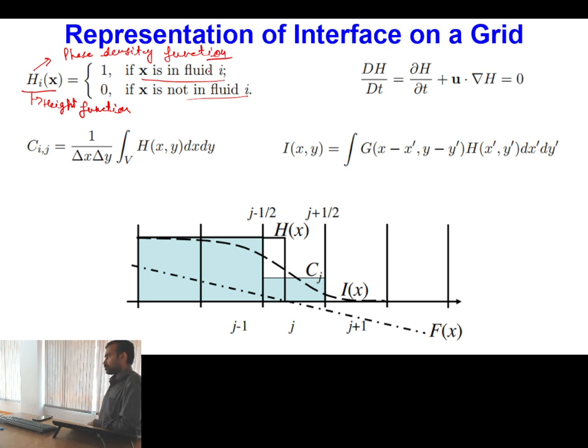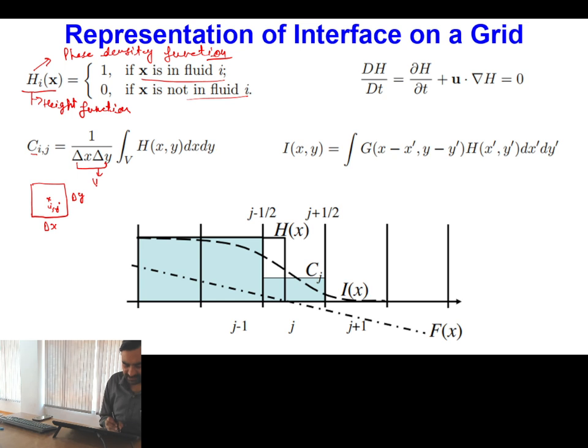Is this point clear? So if the phase density function or the corresponding height function is known to me, and if I consider a two-dimensional cell having sizes delta x and delta y in the x and y directions, and of course in the normal direction it will be unity. Okay, so if I define a parameter C_i,j, where i,j refers to the particular index of the control volume which we are considering, and then if I write 1 by delta x into delta y, what will this be?